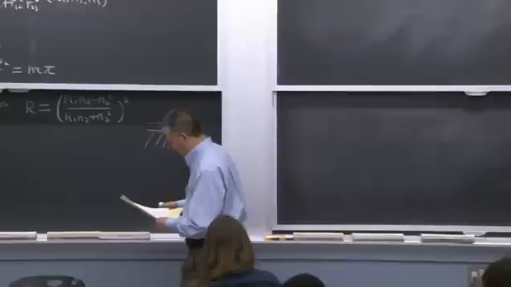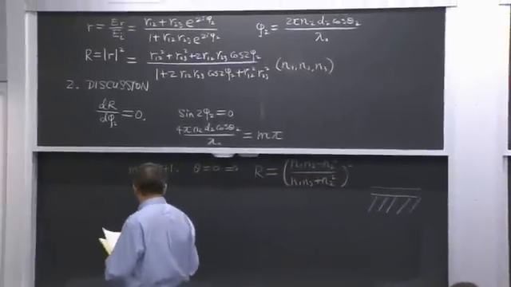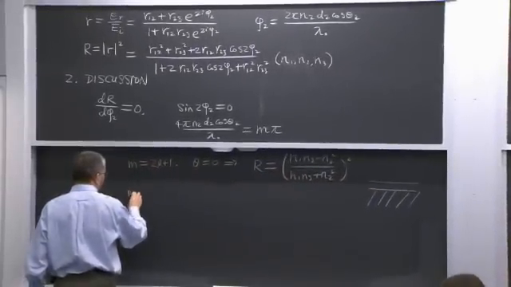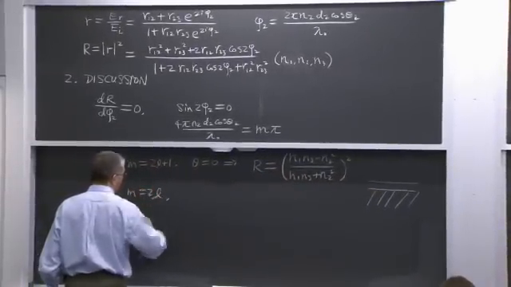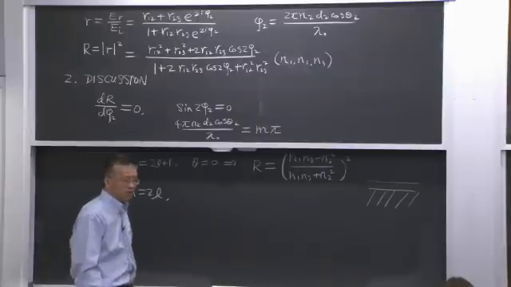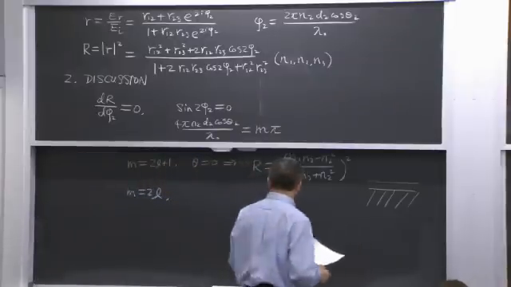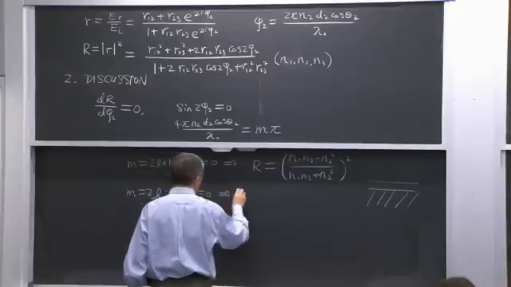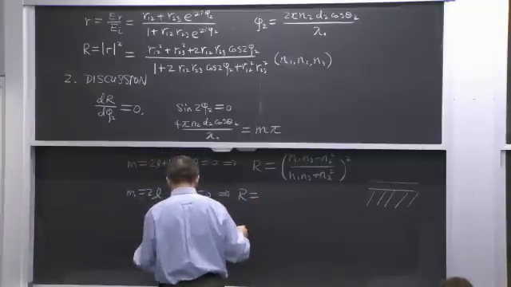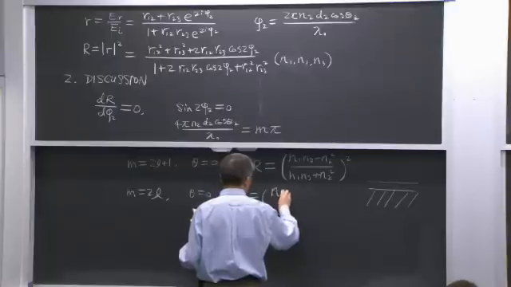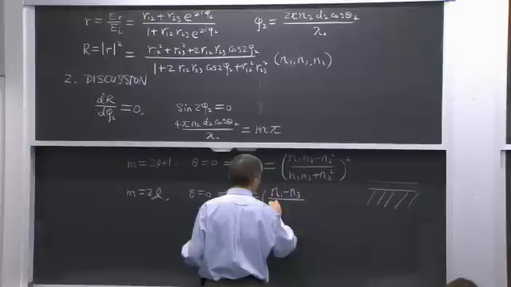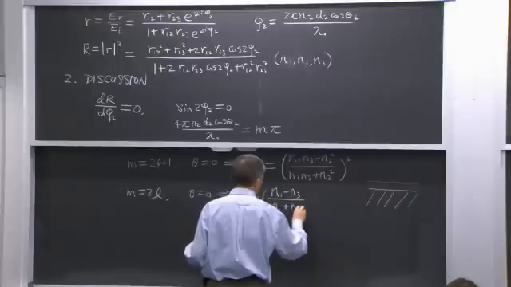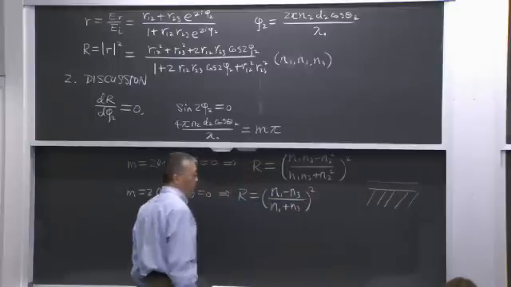And when m equals 2l, in this case, what happens is, again, at theta equals 0, your reflectance is ((n1 minus n3) over (n1 plus n3)) squared.